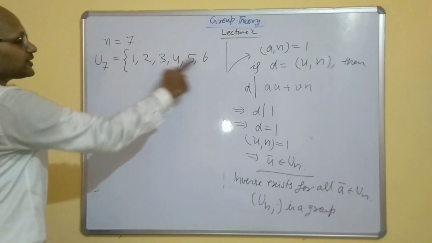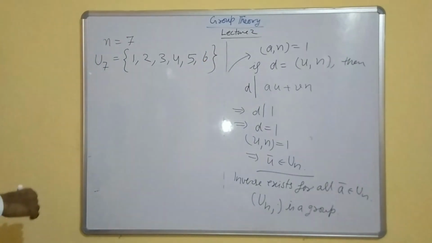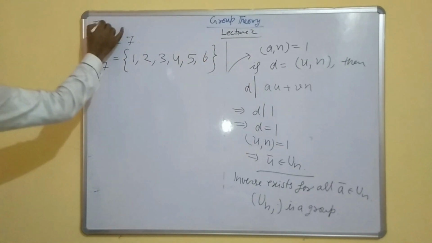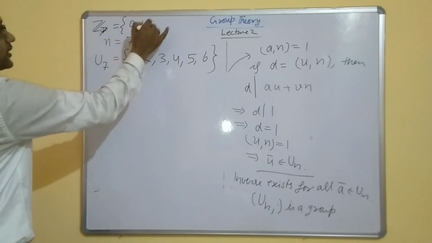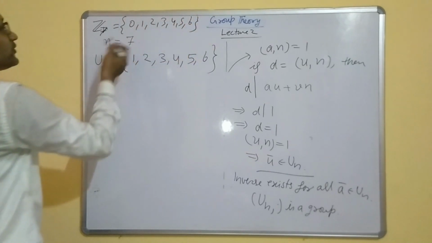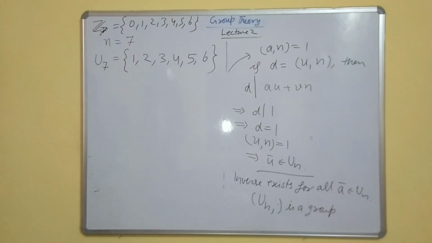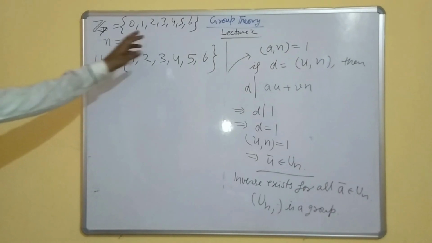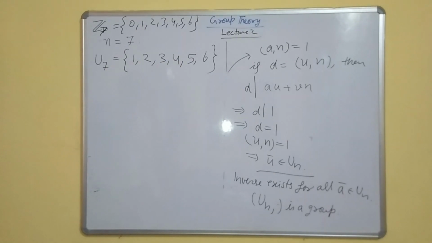Co-prime means GCD of 7 and 6 is 1, 7 and 5 is 1, and so on. So actually Z7 has 7 elements, 0, 1, 2, 3, 4, 5, 6. Out of these 7 elements, only 0 is left out, and all the other elements will come because the GCD between 7 and these elements is 1, because 7 is a prime number. So that's why it is happening.